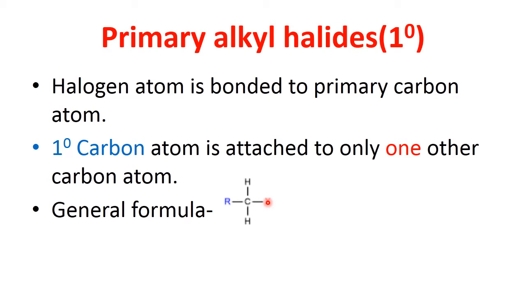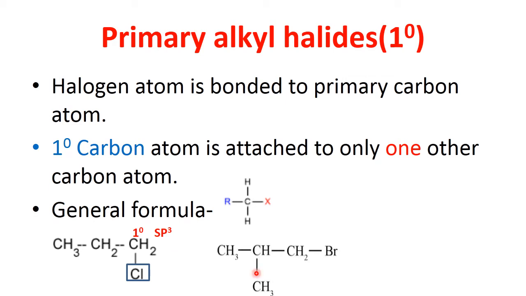In the first example you can see this chlorine as a halogen atom is bonded to a first carbon atom, that is a primary carbon atom. And that primary carbon atom is further attached to only one other carbon atom and therefore it is an example of a primary alkyl halide. Also you have to remember that this primary carbon atom is bonded with single bonds and therefore it undergoes sp3 hybridization.